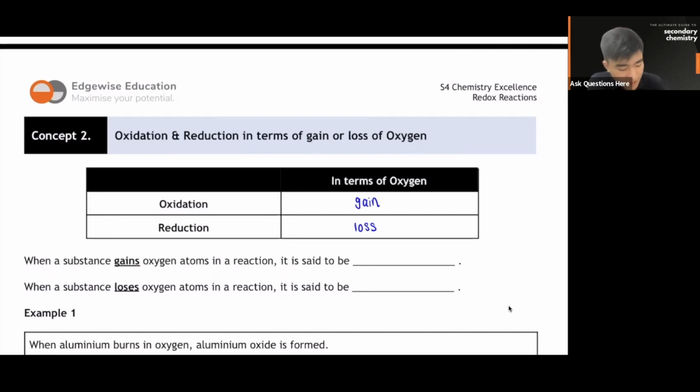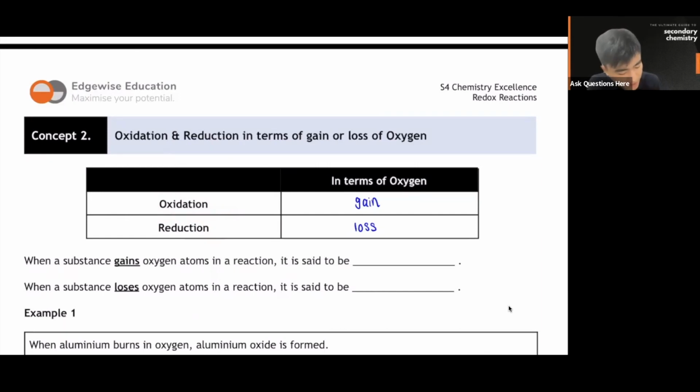Now, oxidation and reduction simply refer to some species in a reaction undergoing a certain type of change. Whether or not they gain oxygen, then I call this oxidized. And if I lose oxygen, originally I'm bonded to oxygen, and I lose the oxygen away, then I would say that it is a reduction reaction, or I have been reduced.